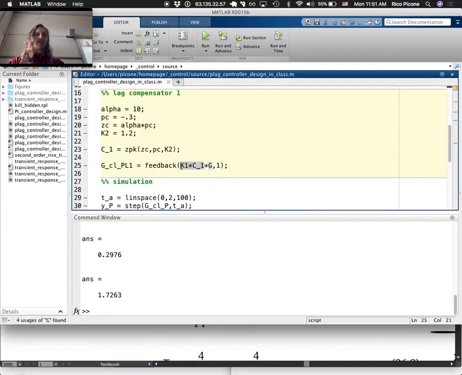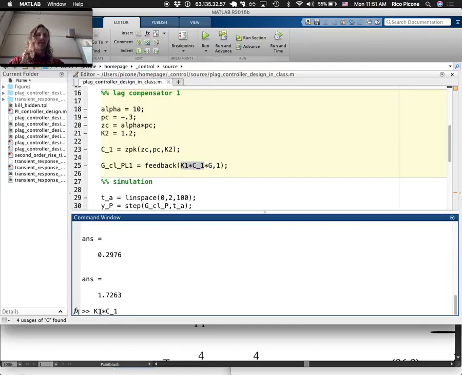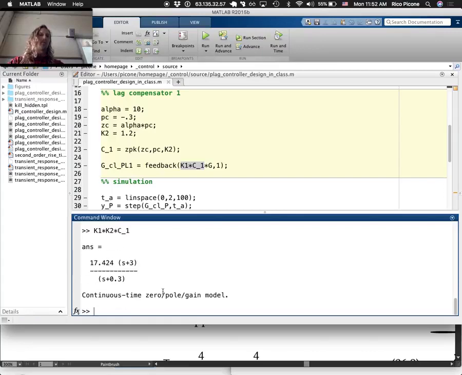So our final compensator is K1 times K2 times C1, the current definition. So that's our controller that we've designed. That's it. All right. Good work.